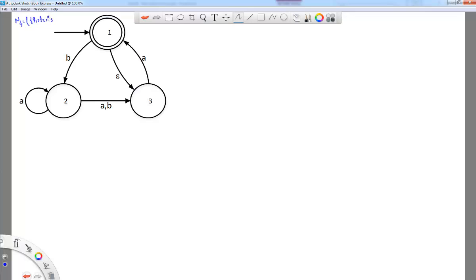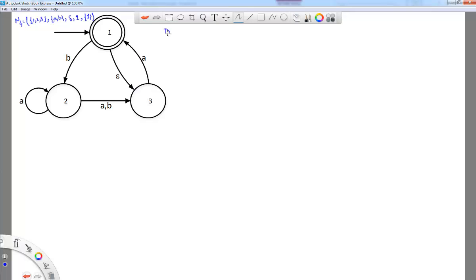So this machine is made of 3 states. So the Q of my NFA is {1, 2, 3}. Its alphabet is {a, b}. It has a delta function. Its start state is 1, and its accept state set is {1}. So that is my NFA.